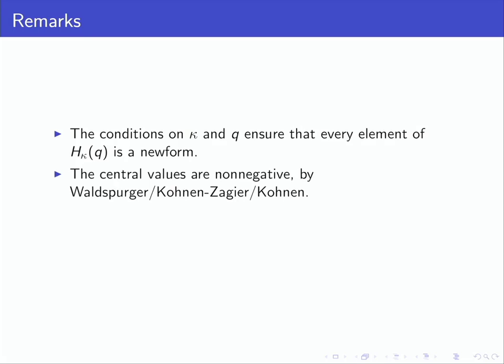Next, all these central values are known to be non-negative by work of Waldspurger, Kohnen-Zagier, and then Kohnen. Kohnen-Zagier did level 1, and Kohnen did general level. From that, we can drop all the L-functions except for one, and we get a subconvex bound of Q^((1+theta)/5).